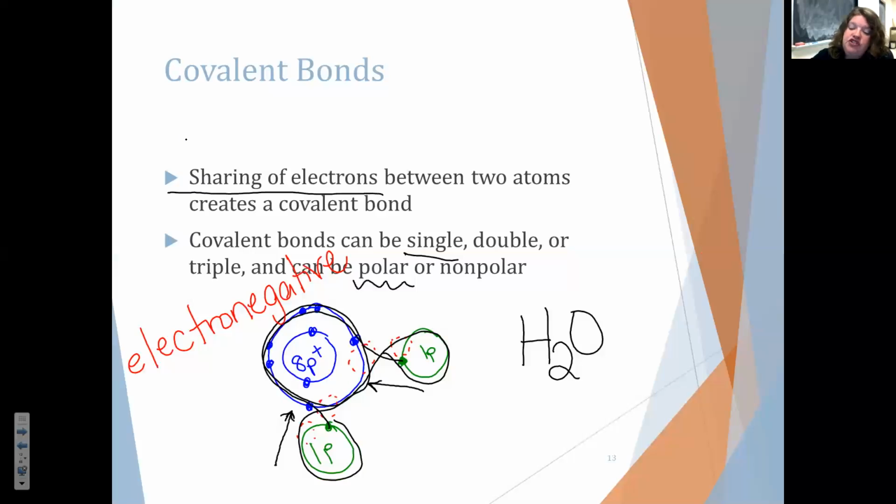So instead of just one trip around each of these atoms, these electrons will spend a whole lot of time around oxygen for every time they go around hydrogen. A whole lot of time around oxygen for one trip around hydrogen. And so all these black lines are telling us that the electrons tend to be around oxygen a little more frequently.